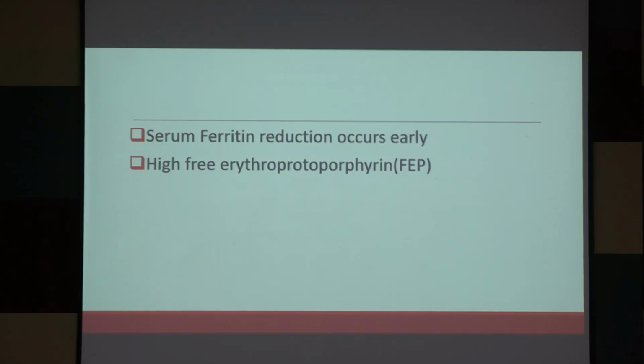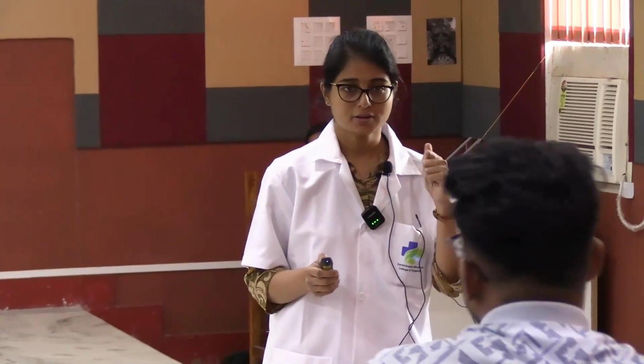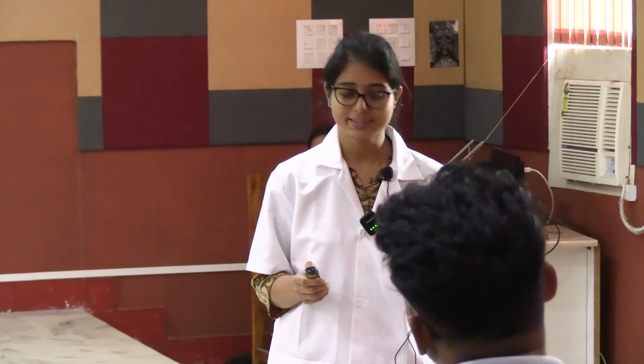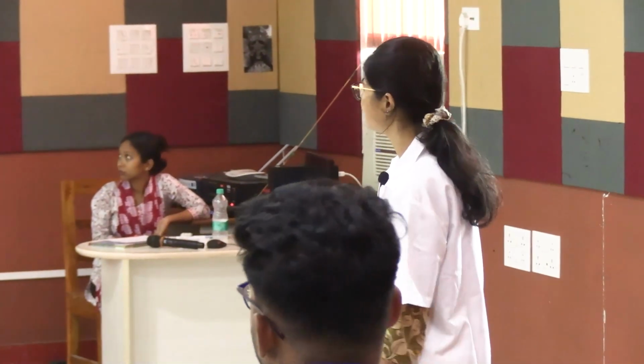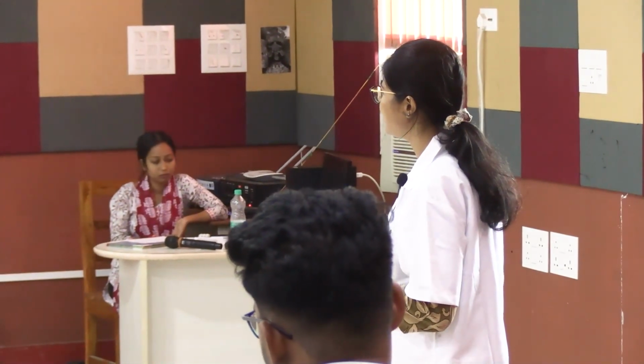The earliest marker is serum ferritin reduction, because serum ferritin is the storehouse of iron in the body. In the beginning only serum ferritin will first decline, then when the ferritin stores are exhausted, the serum iron will start to decline. Then there is free erythrocyte protoporphyrin. What do we mean by protoporphyrin?